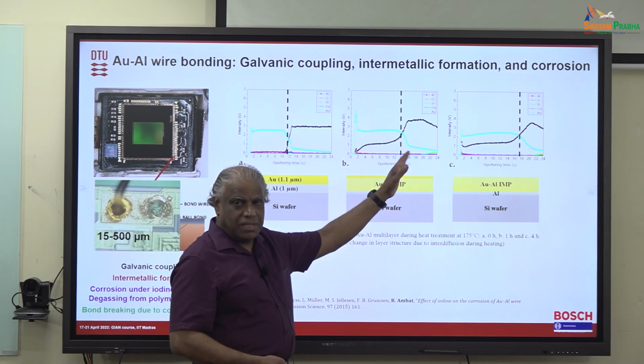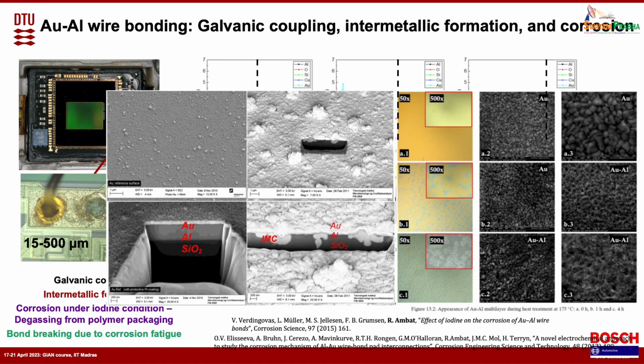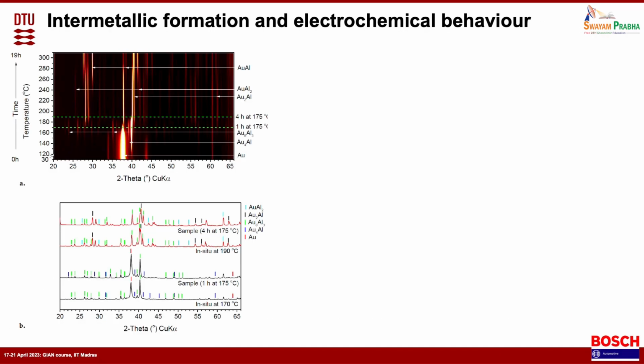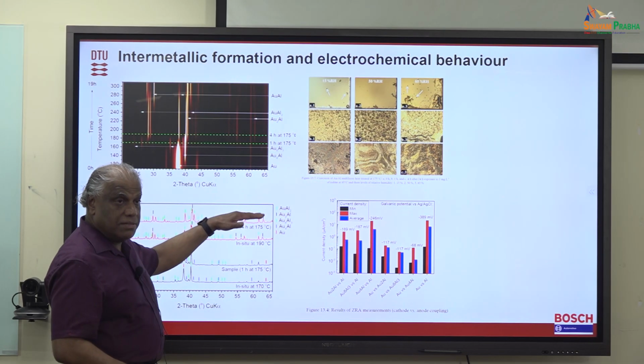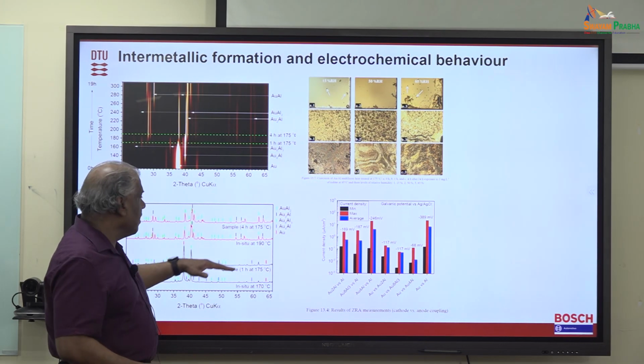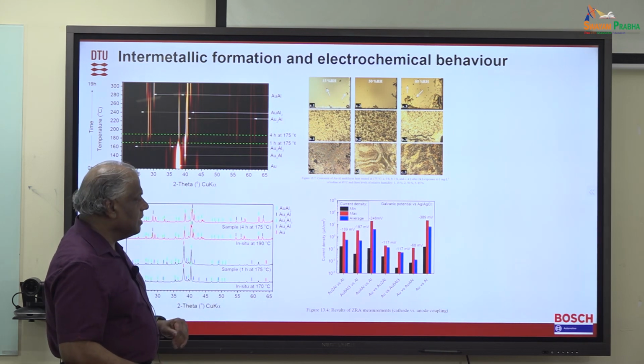Otherwise it's not that important. Then we grow these intermetallics, and this is an SEM picture once the gold and aluminum are mixed together, forming the intermetallics. While forming the intermetallics, we do in situ XRD at different heating temperatures, so we can follow how the intermetallics grow at each temperature.